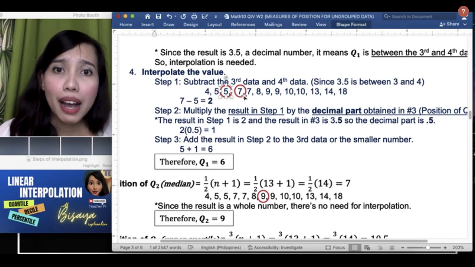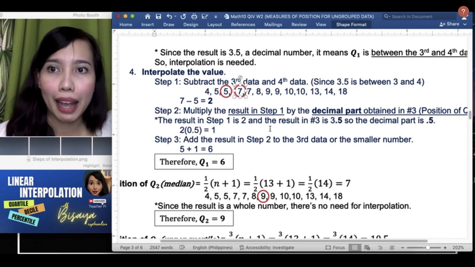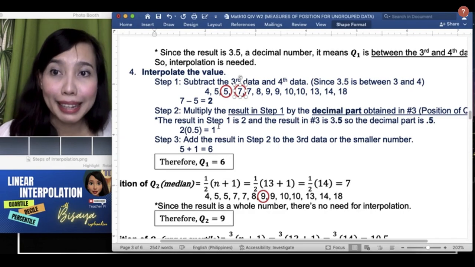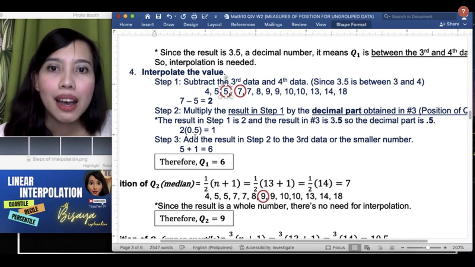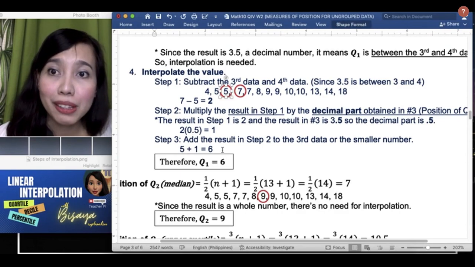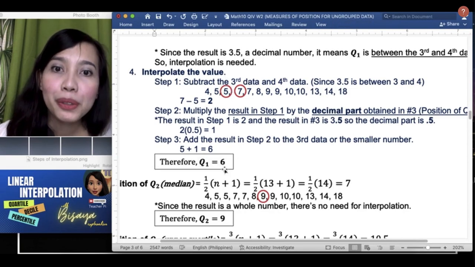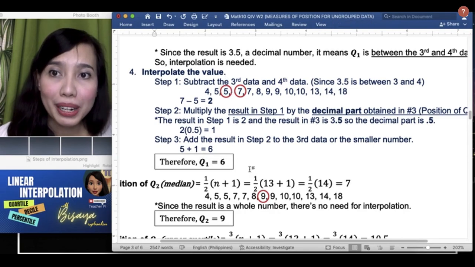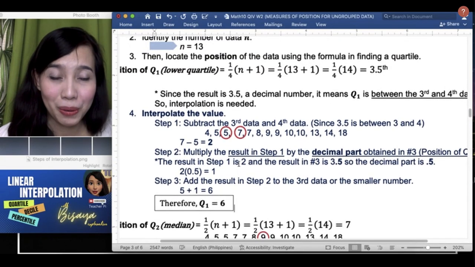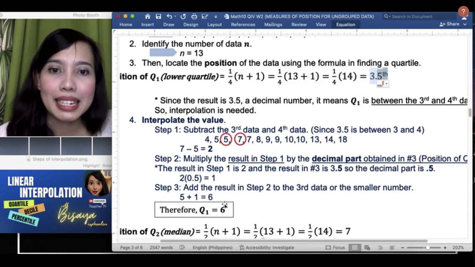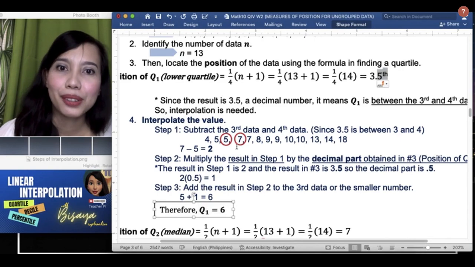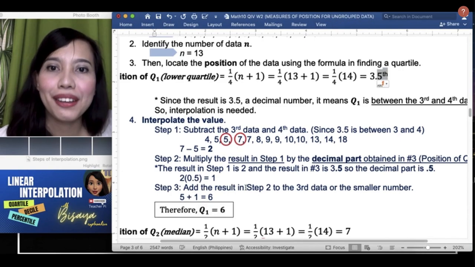Between 5 and 7, which is smaller? The 5. We add the result we obtained, which is 1, to the smaller number, which is 5. 5 plus 1 equals 6. Therefore, Q sub 1, or our lower quartile, is 6. Got it? It's not 3.5. It is 6. It lies in the middle of 5 and 7.